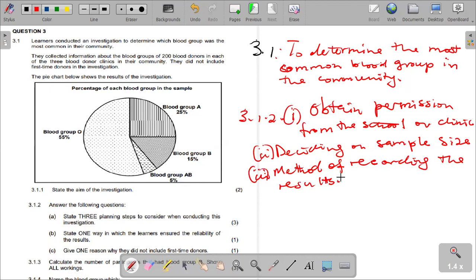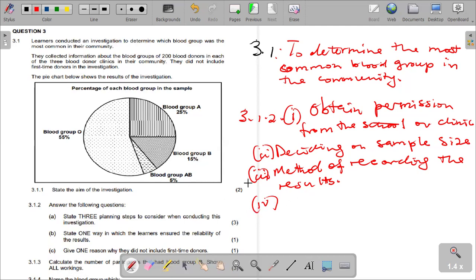And then another point, number 4, we are just giving planning steps to consider when conducting an investigation. We are saying deciding on the time or date to collect the data from the school or clinic.